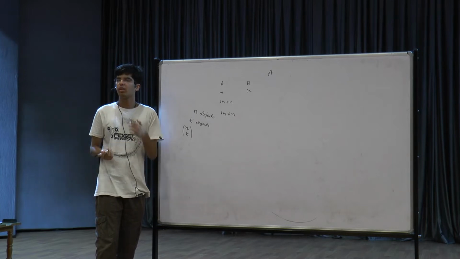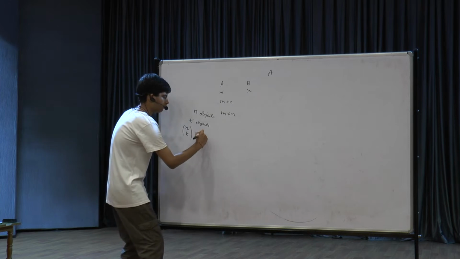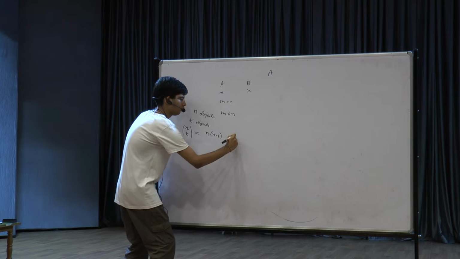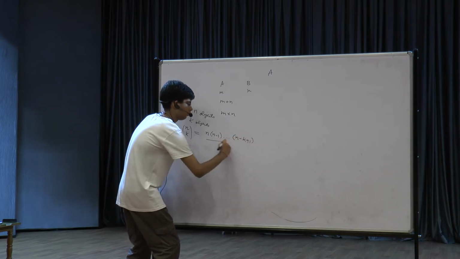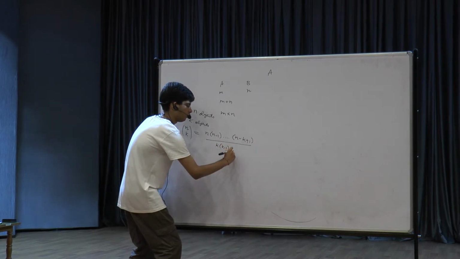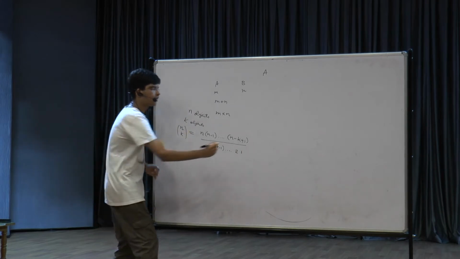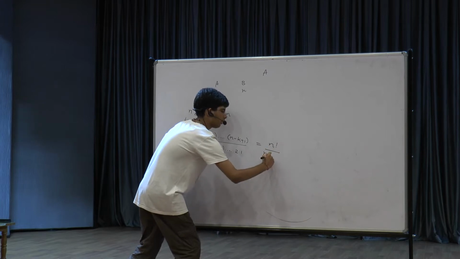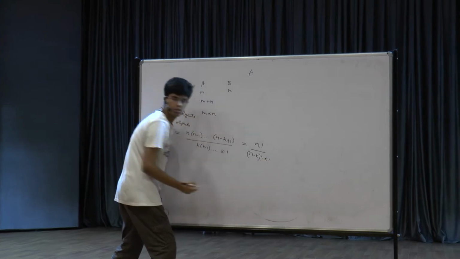I guess you're familiar with that, but let's recount that. So the formula is, we also know it in the form n factorial divided by n minus k factorial times k factorial, right?